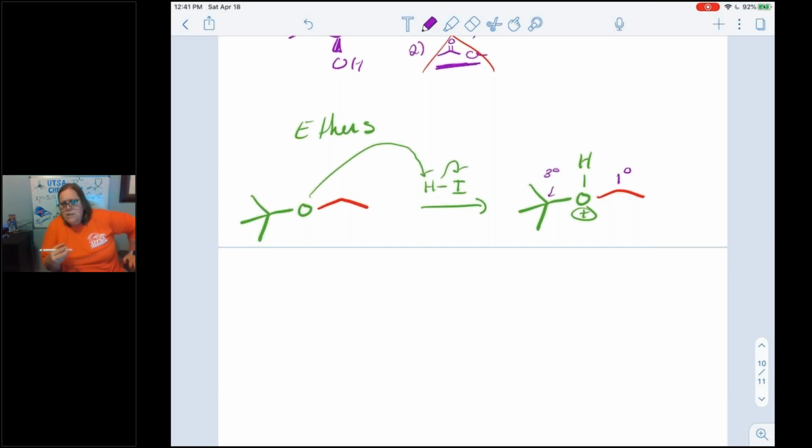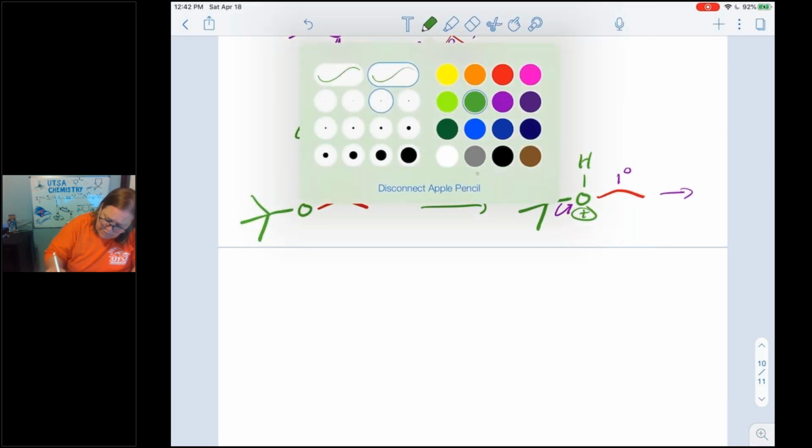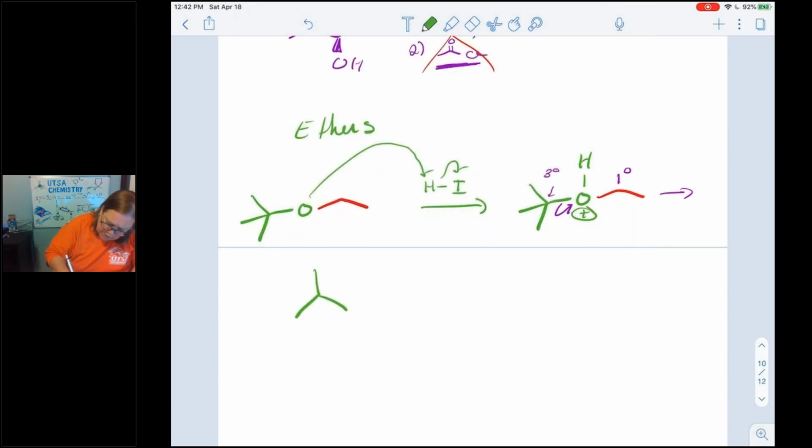Anytime it can form a carbocation, it's going to form a carbocation. As a result, I know that this ethanol group is going to be my leaving group because now I have this tertiary carbocation, which we can form all day.